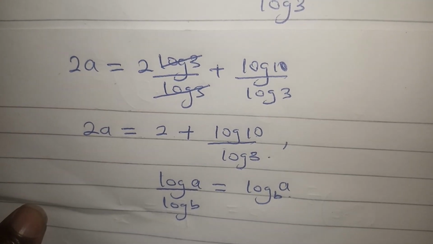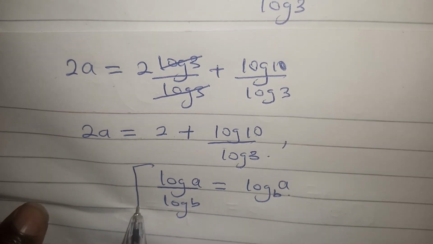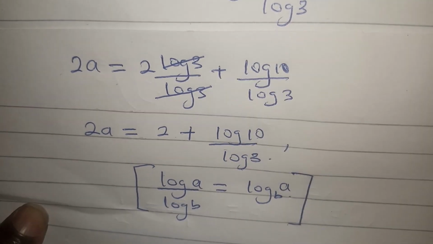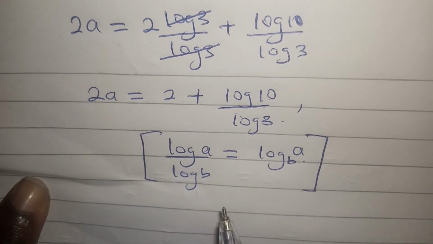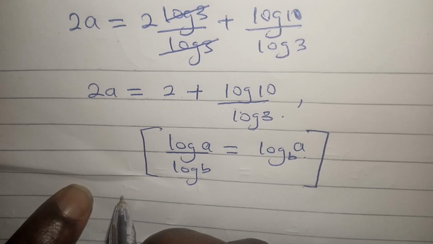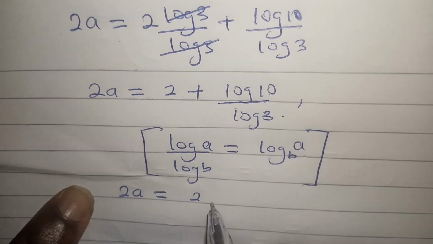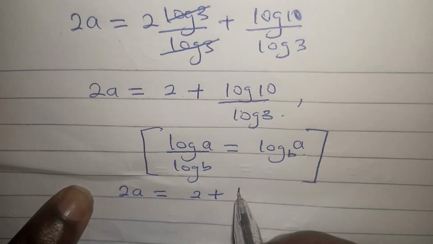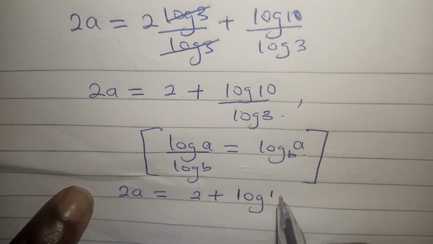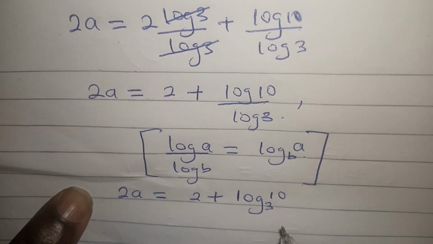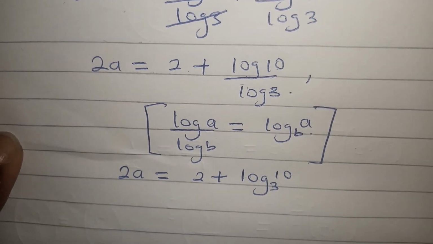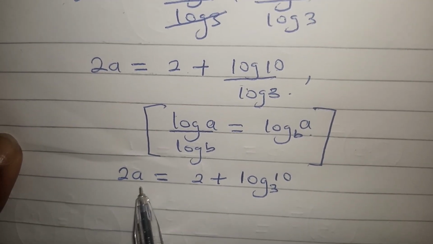Okay, so if we apply this rule at this part, we simply have 2a equals 2 plus log 10 to base 3. Remember, we are looking for a.